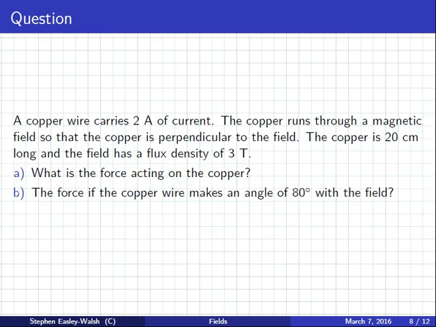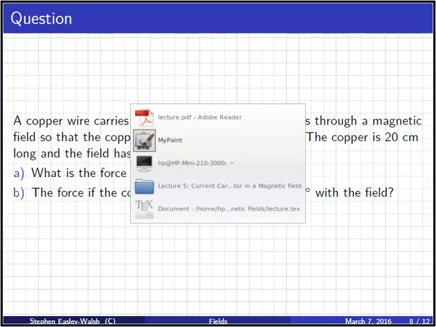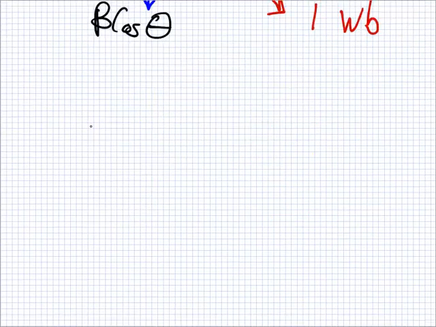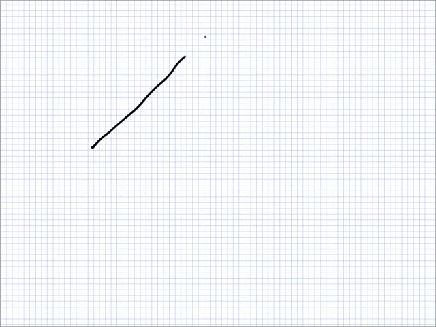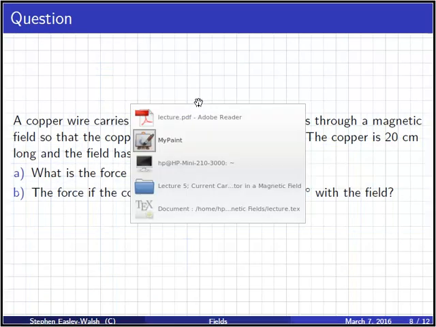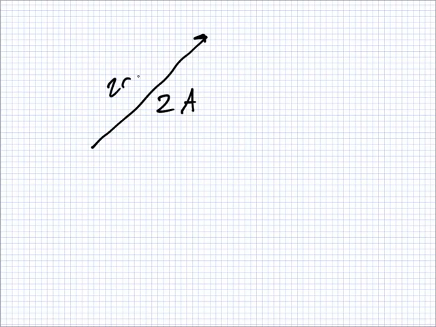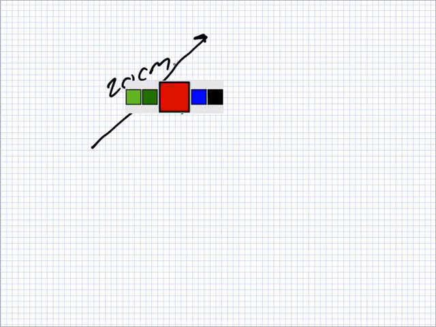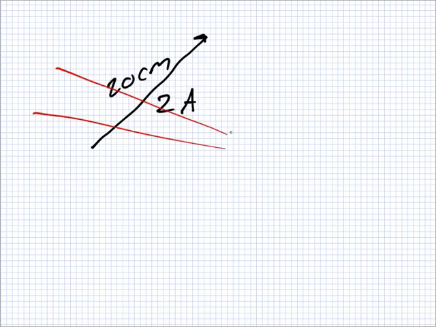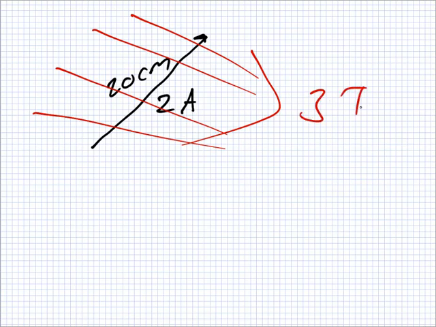Okay, let's have a look here. So what you have here, you have 2 amps and the length is 20 centimeters, and there's a magnet here going through of 3 Tesla.